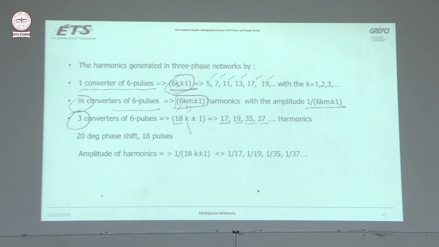If you are using 3 6-pulse converters, you are having 18 pulses, but you need 60 divided by 3, a 20-degree phase shift. So between the 3 converters, you should have a 20-degree phase shift to get this advantage, so that so many harmonics of this amplitude are removed.